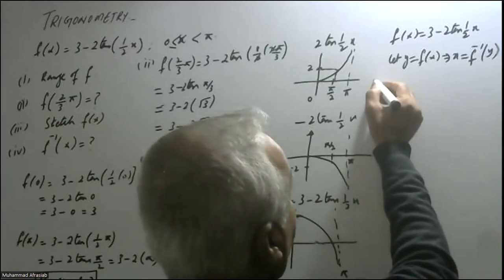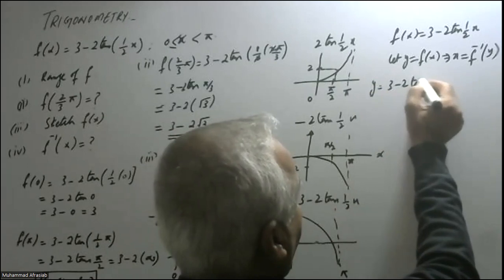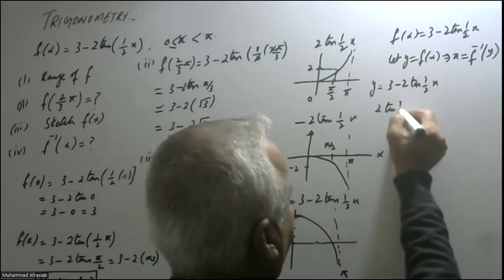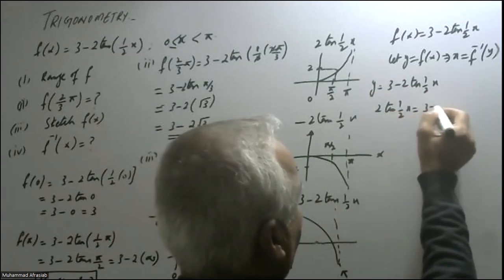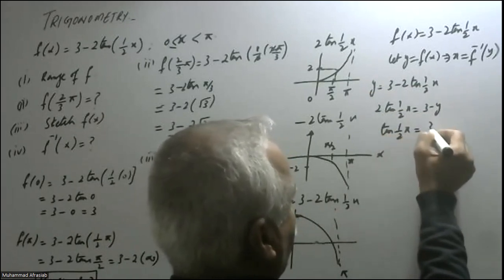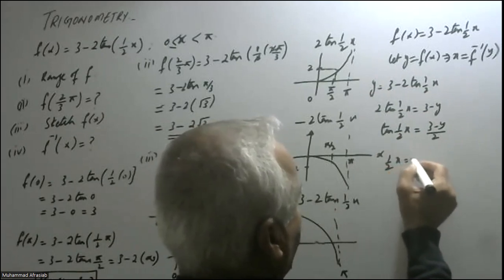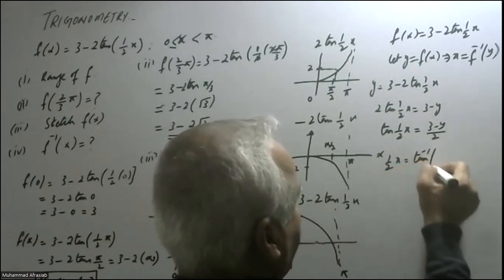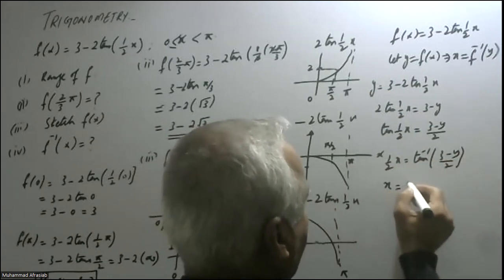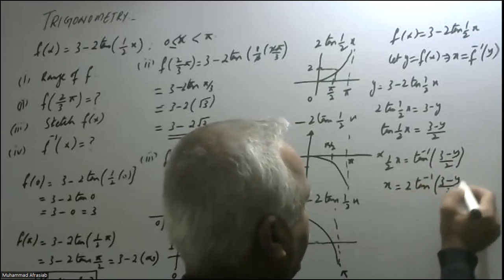Then y equal to 3 minus 2 tangent of half x, so 2 tangent of half x is equal to 3 minus y, tangent of half x is equal to 3 minus y over 2, half x is equal to tangent inverse of 3 minus y over 2, x is equal to 2 tangent inverse of 3 minus y over 2.